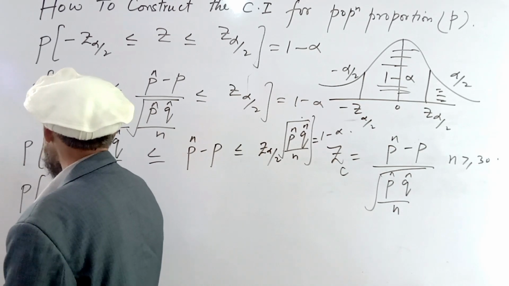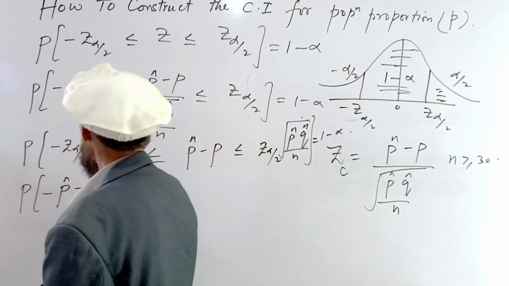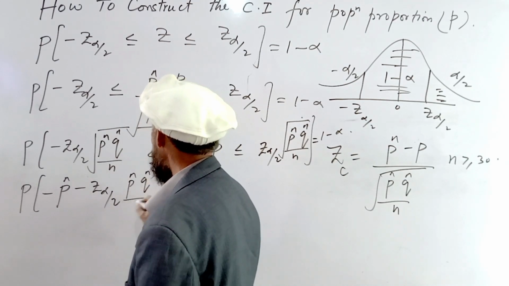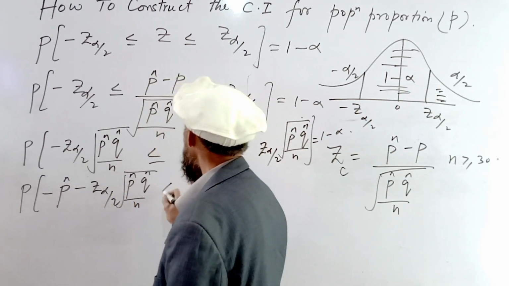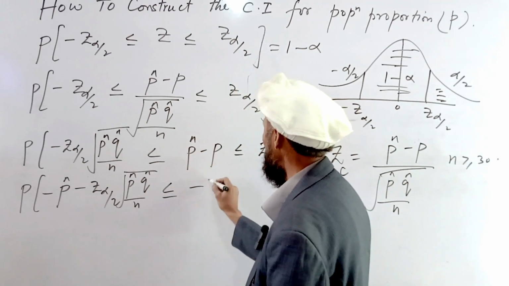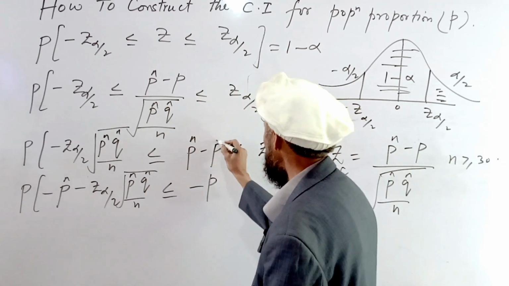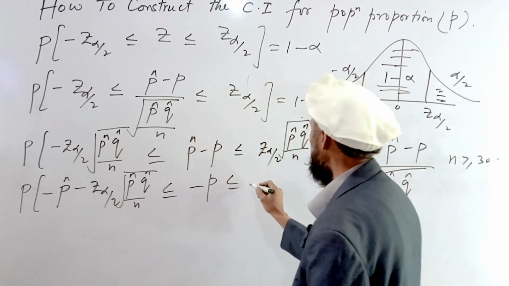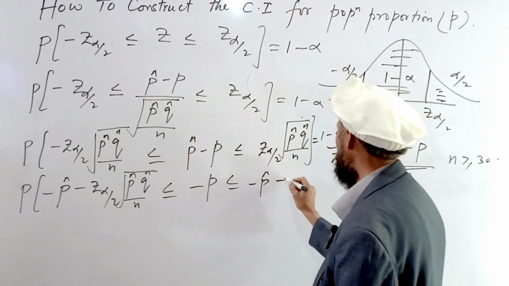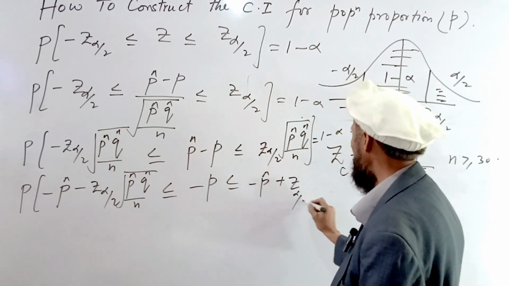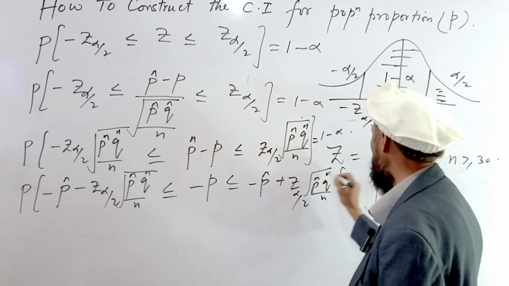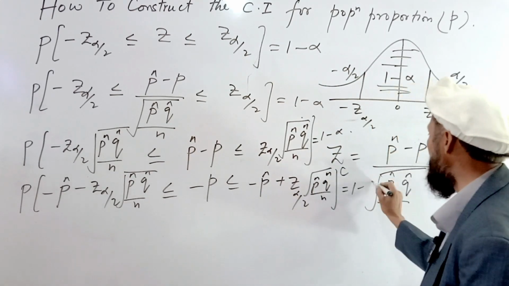So we are subtracting: p hat minus z alpha by 2 times the square root of p hat q hat divided by n, less than or equal to, here both are cancelled, minus p hat plus p hat. So we require p less than or equal to minus p hat plus z alpha by 2 times the square root of p hat q hat divided by n is equal to 1 minus alpha.